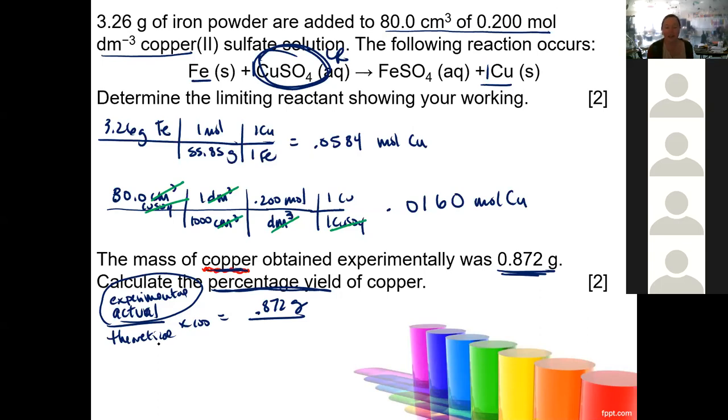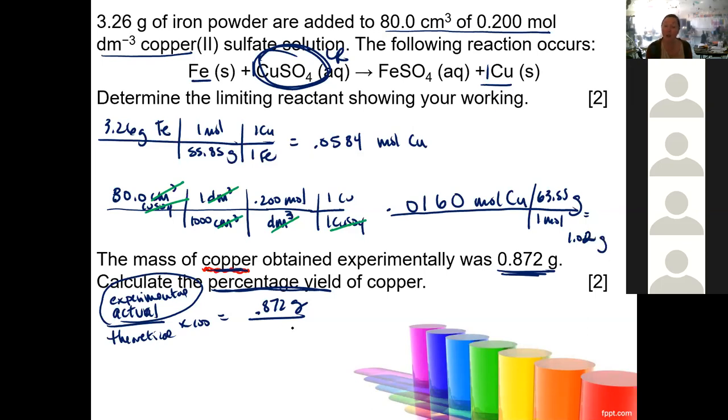So to figure out the theoretical yield, I'm going to take from my limiting reagent that moles of copper, turn my moles of copper into grams of copper. Copper is 63.55 grams per mole, 0.016 times 63.55. We should make about 1.02 grams with my sig figs.